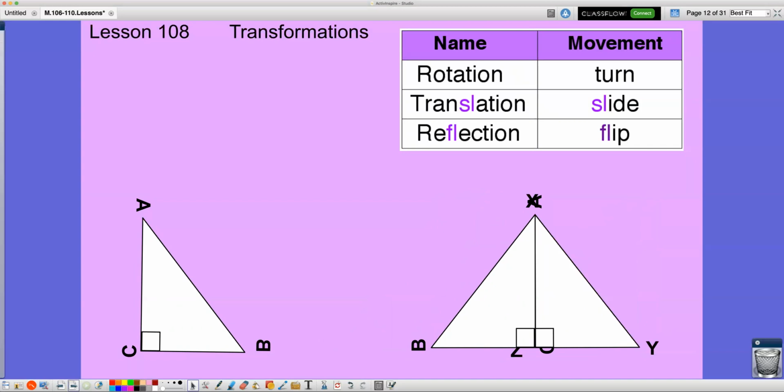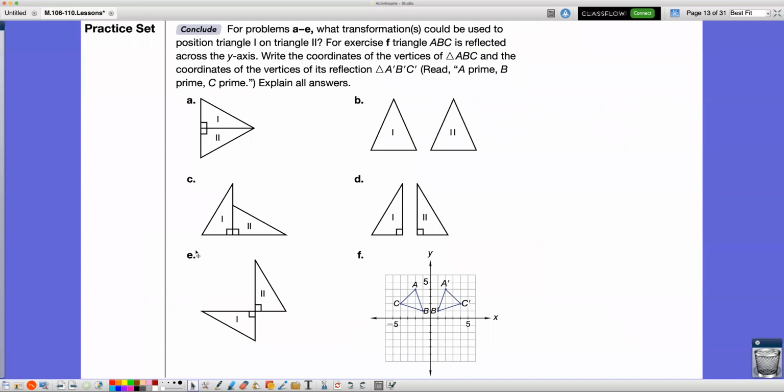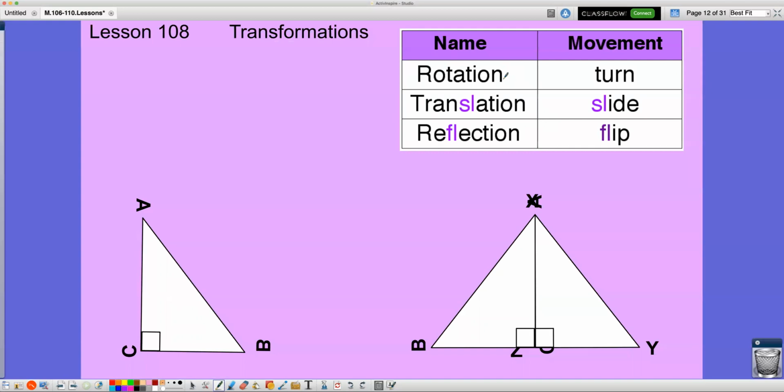Let's look at some more examples here. If we're looking at problems A through E, what transformations could be used to go from triangle 1 to triangle 2? So in triangle 1 here, what would it take? You've got the three: rotation, translation, or reflection.